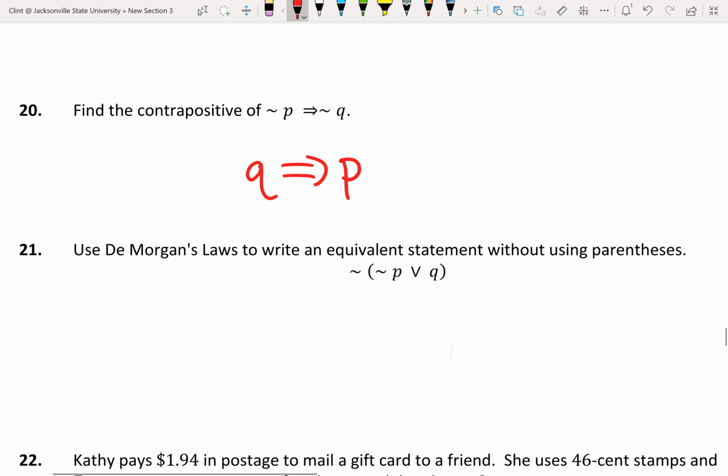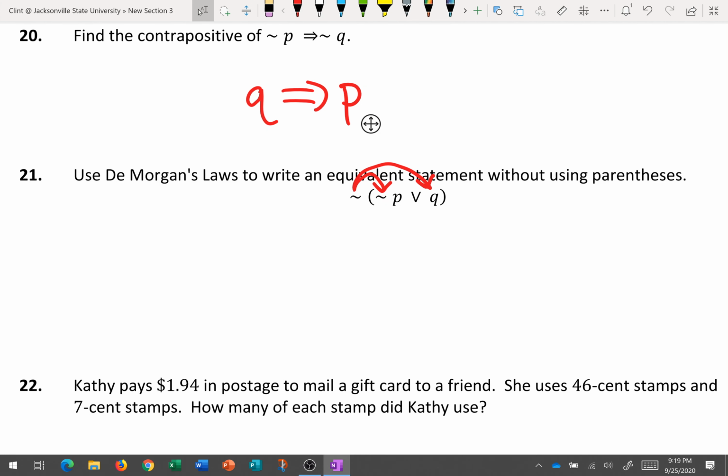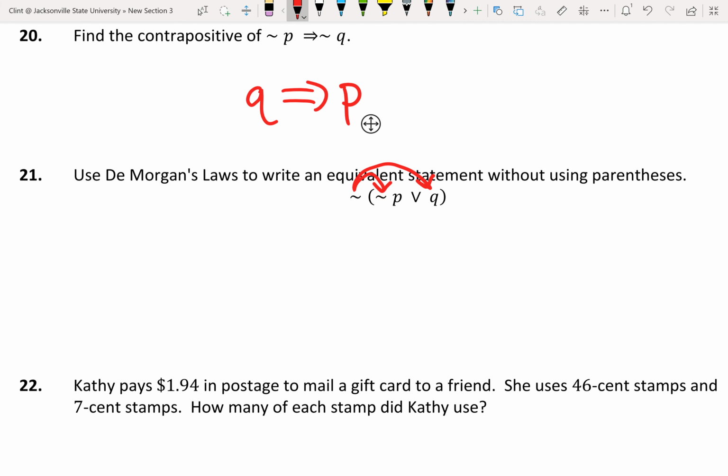Okay. 21 says use De Morgan's laws. So you can think about this. What we're doing is we're distributing this negation sign. But when we do that, a really important thing to remember, and that's the point of De Morgan's laws, is that we have to flip the symbol in the middle. So this will change to AND.